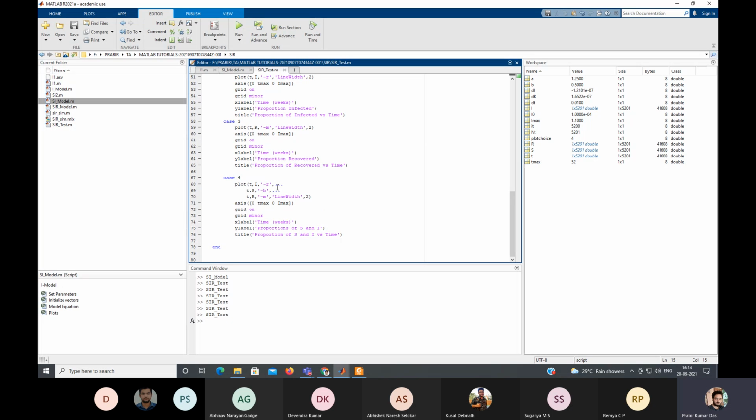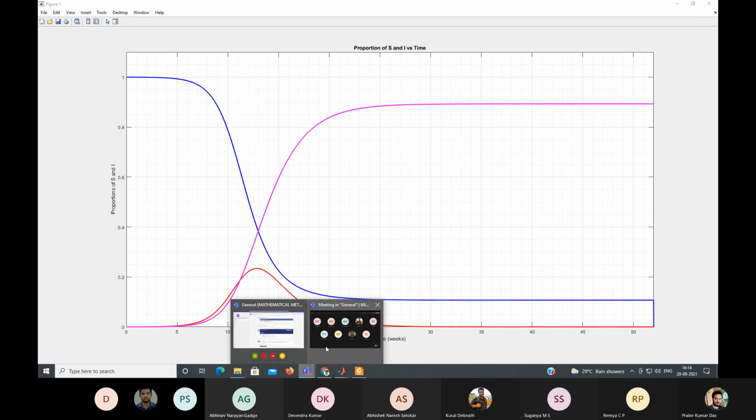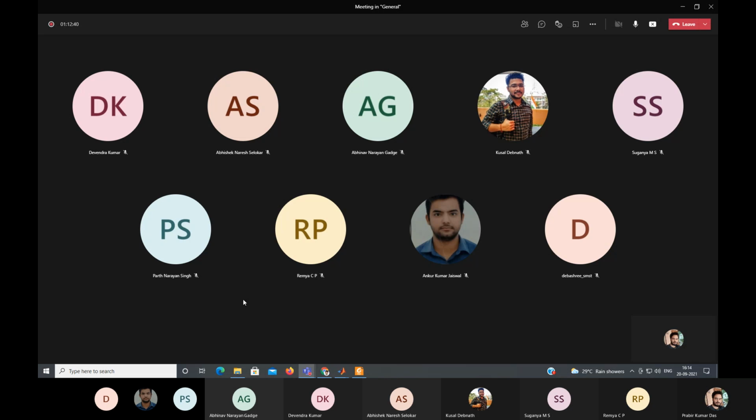You also have to submit all the figures in a separate PDF file. You can save the figures, import them in a Word file, make it a PDF, and submit one M file and one PDF file. Clear, everybody? Yes, sir.